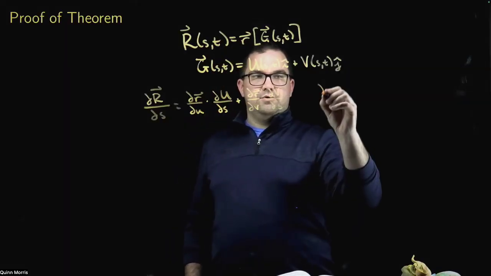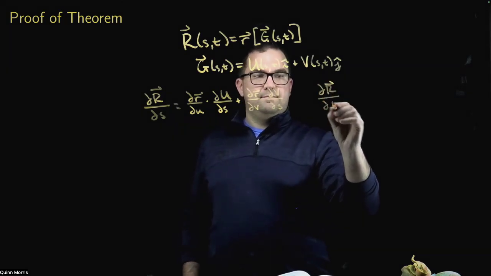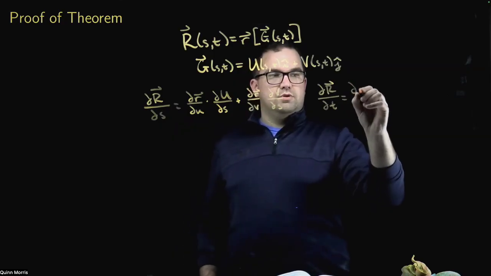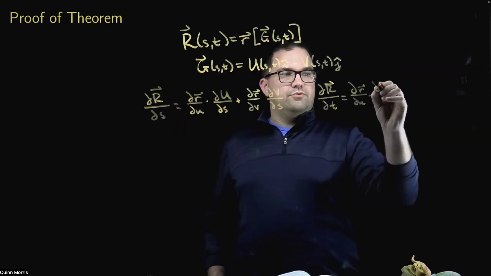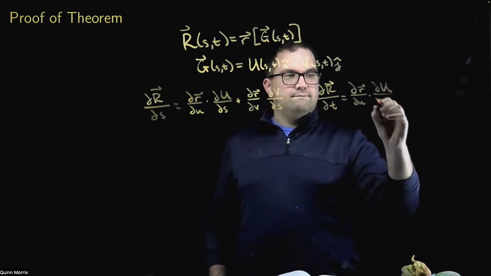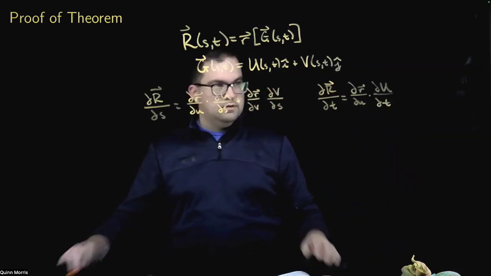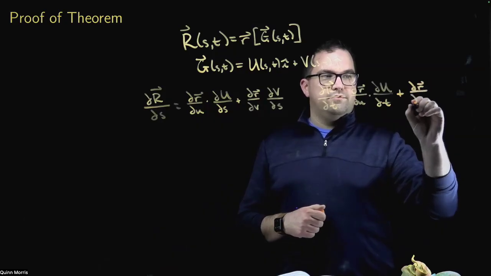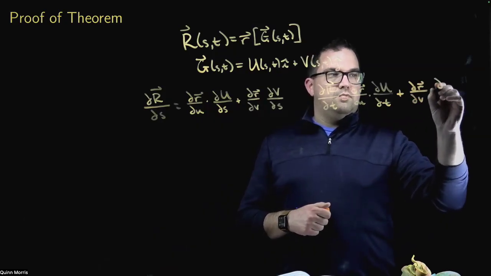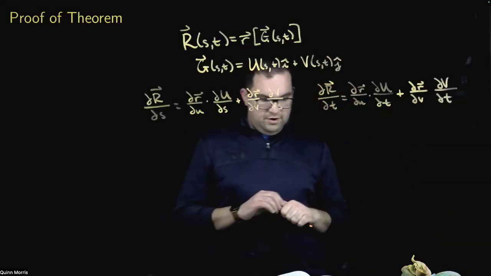And similarly, partial R partial t is partial little r partial u times partial u partial t plus partial r partial v times partial v partial t. So this is just applying the multivariable chain rule.